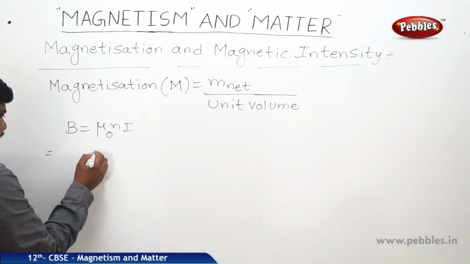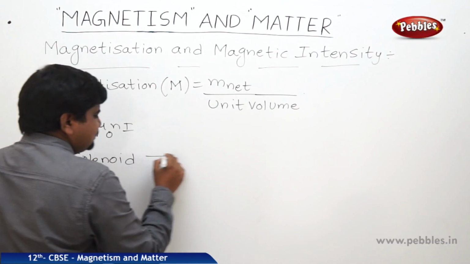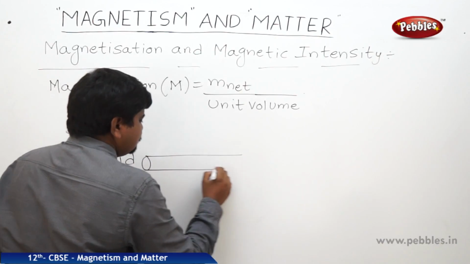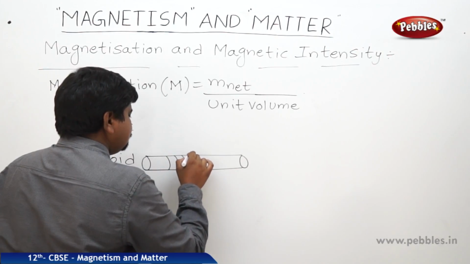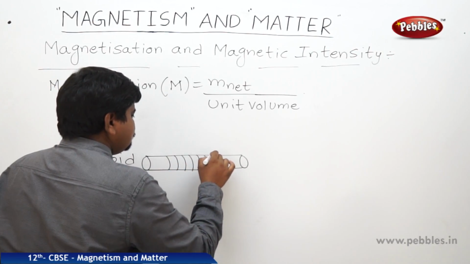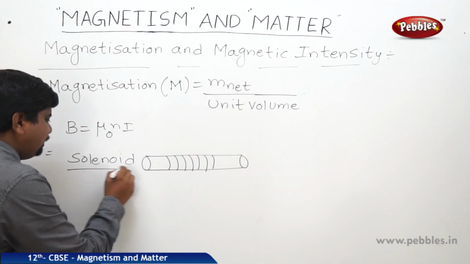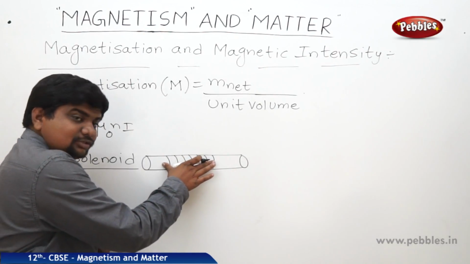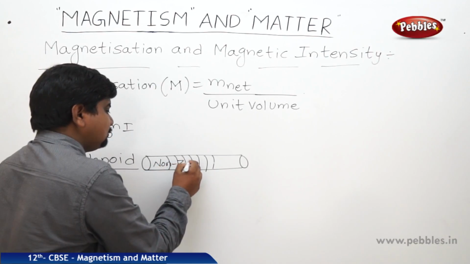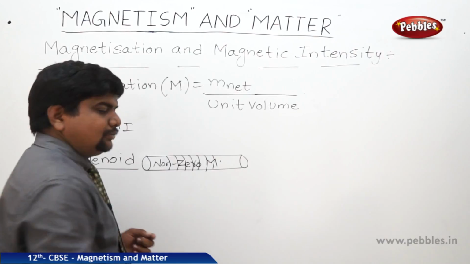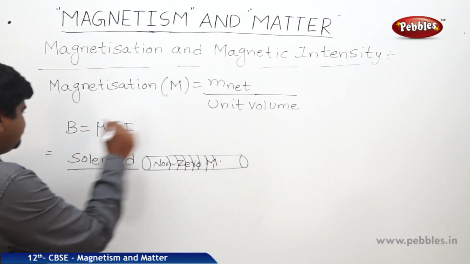Take a solenoid like this. If this is the turn, and the interior of the solenoid is filled with a non-zero magnetic substance, then the magnetic field inside the solenoid will be greater than B naught.